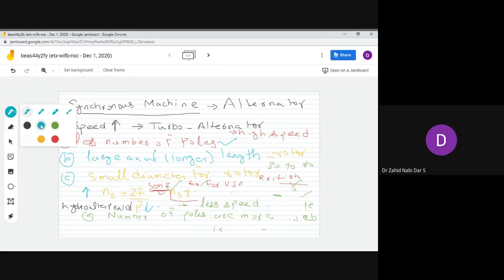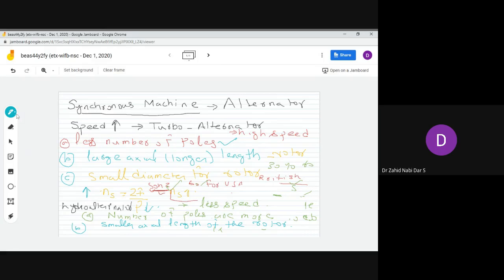The second factor in a hydro alternator is that whereas the other type has a large axial length, here there would be a smaller axial length of the rotor.